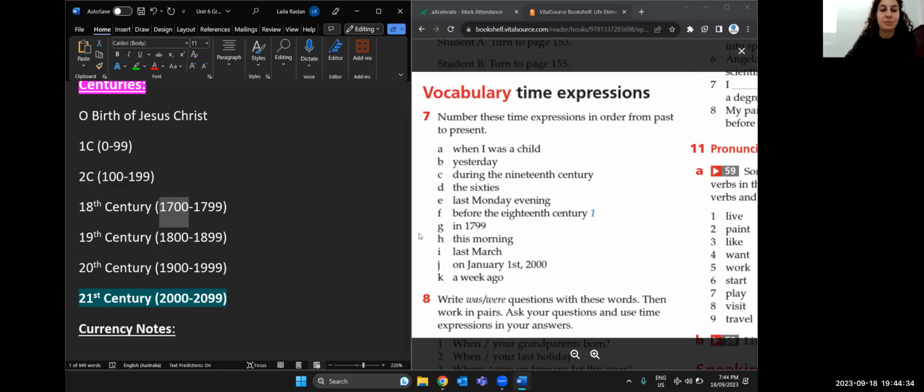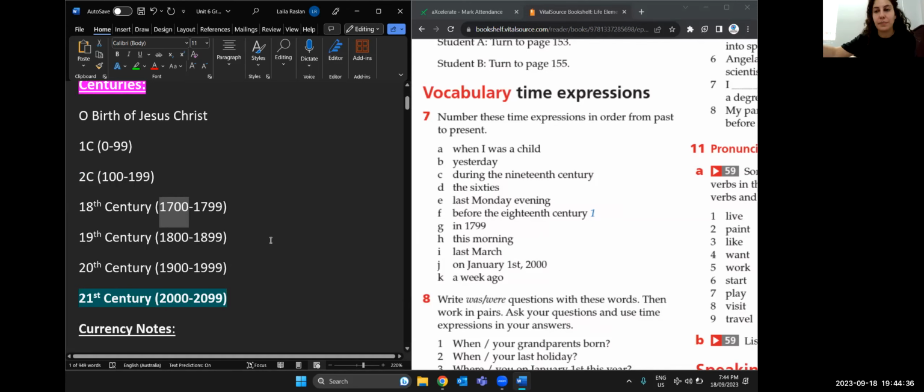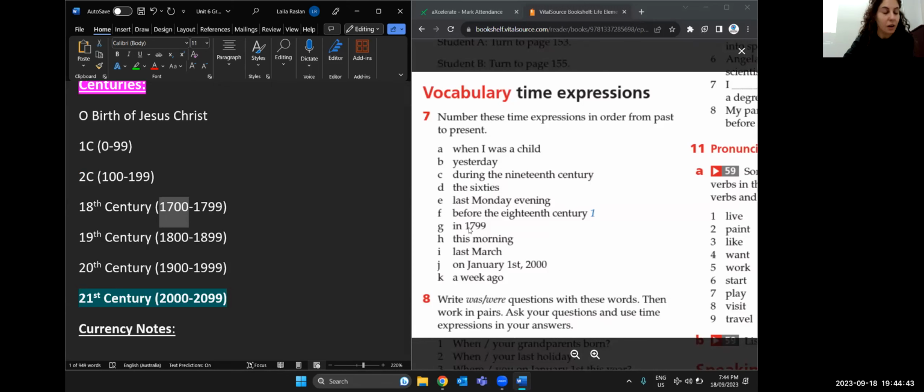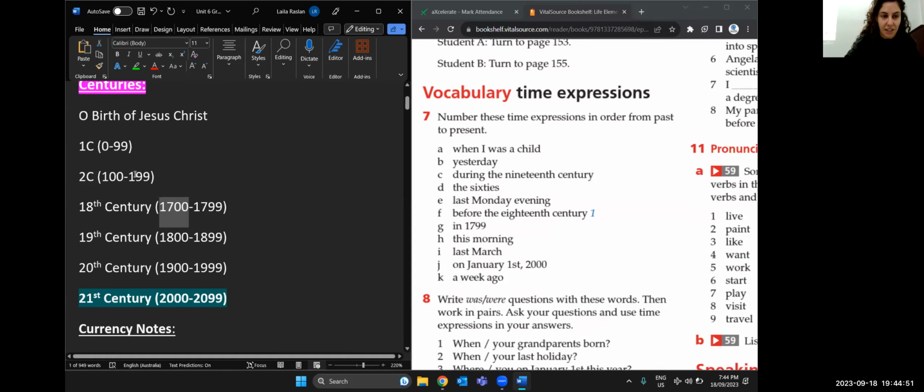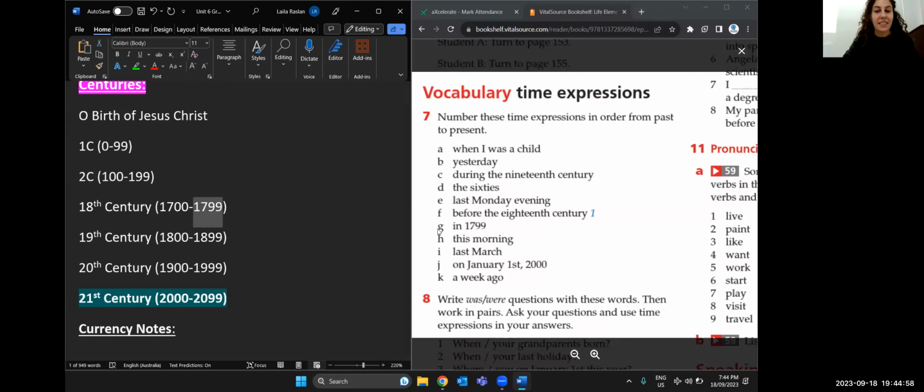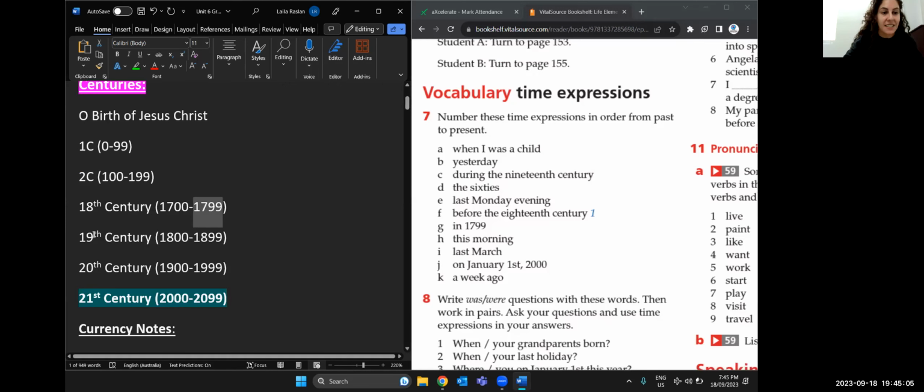What's number 2? What would be the oldest time next to that? G? In 1799? Yeah, I would say G. Because before the 18th century, and then you're saying in the 18th century, because 1799 is in the 18th century. So G. The next one, C. During the 19th century, yes.